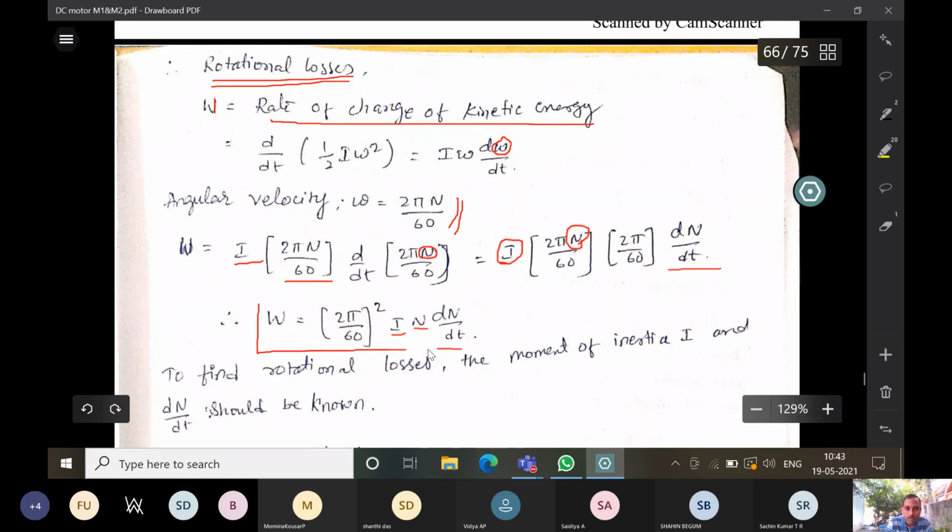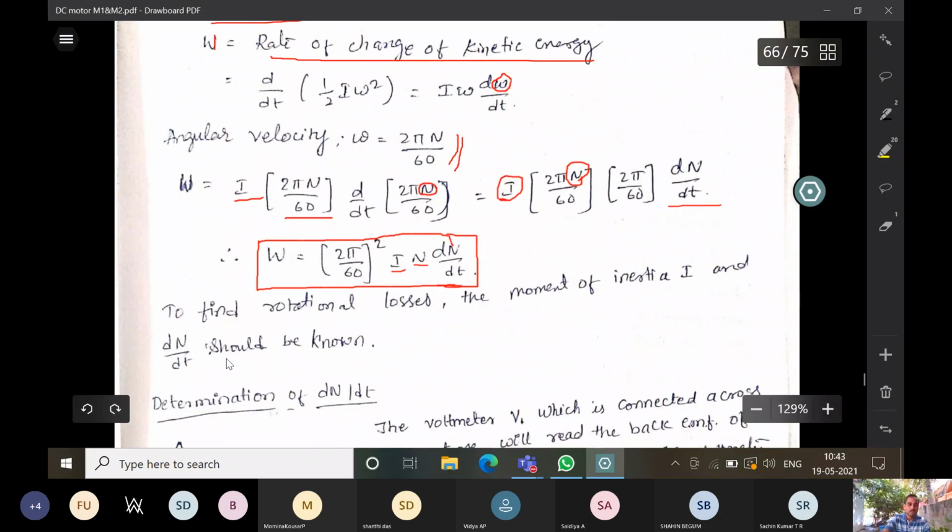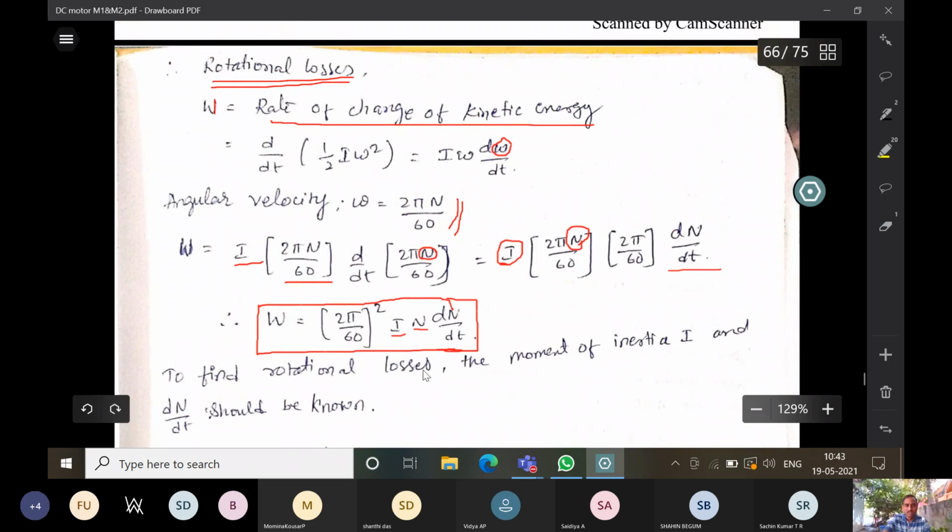So W is equal to (2 pi by 60) square into I into N into dN by dt. This W is the rotational losses.